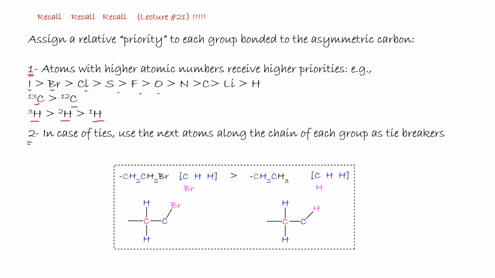In case of a tie, you start with here CH2, and here is CH2. You look for the next, okay, next group will be CH2. Okay, we have here CH3, but CH2Br. So Br will be much more senior, so the whole group will be senior.